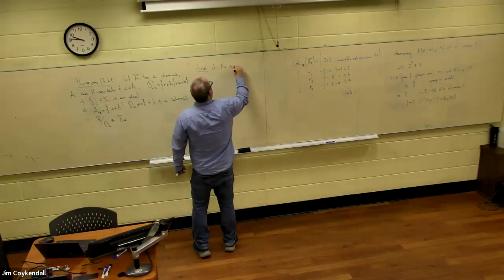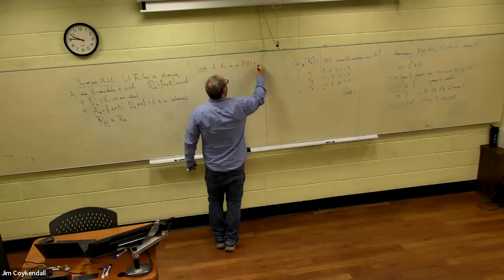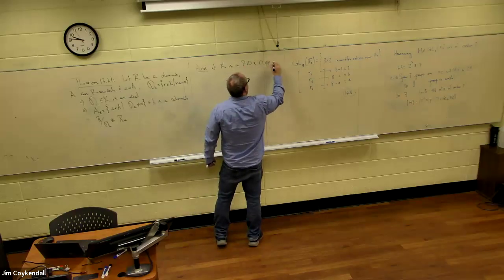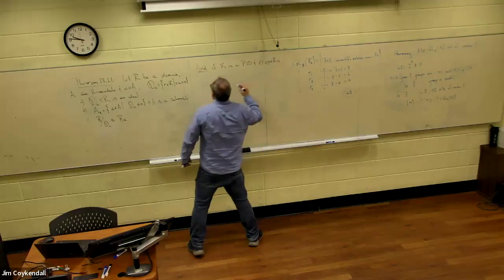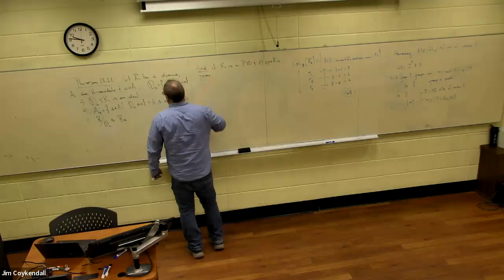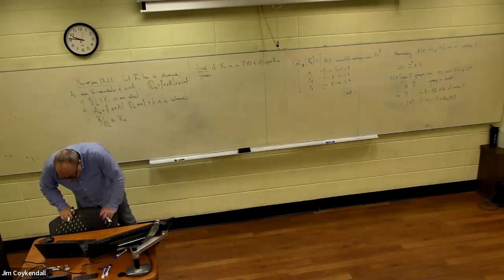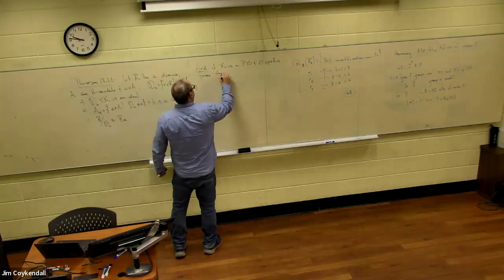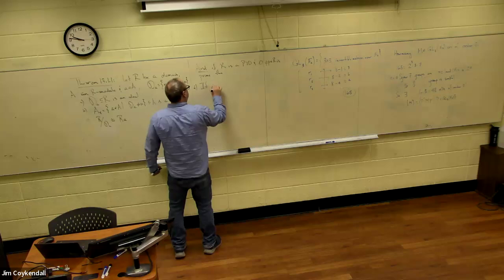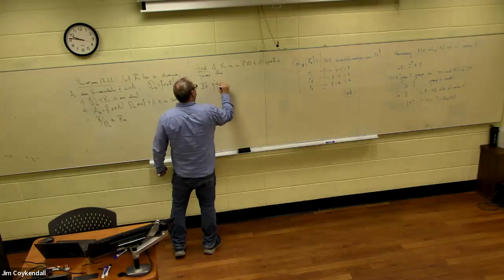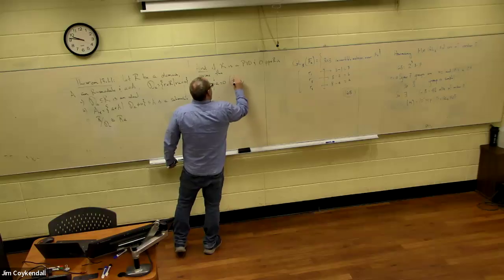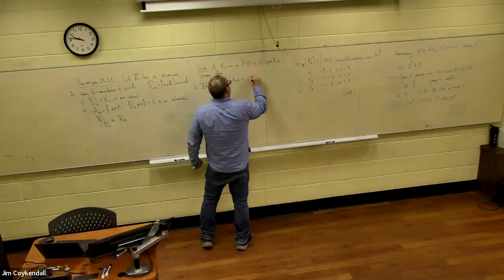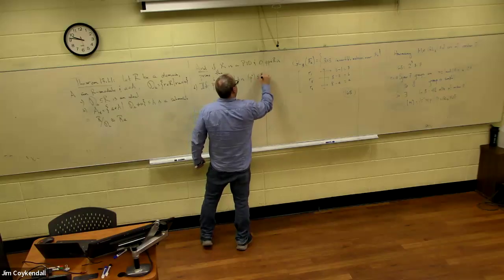If R is a PID and P is a prime, then if P^I A equals zero, that is, the ideal generated by P^I is contained in DA.